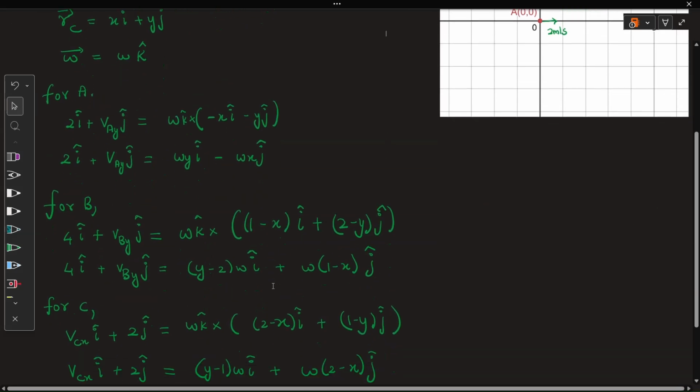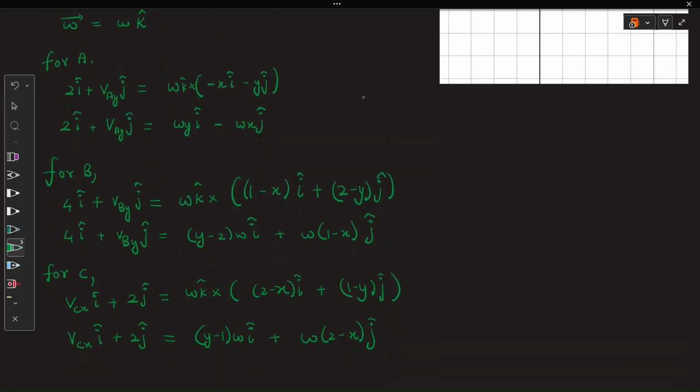What they are asking is x and y. So I have three variables, x, y and omega, and three equations for A, B and C. So I'm just equating them. 2 is nothing but omega into y. So 2 is equal to omega y, equation number 1.